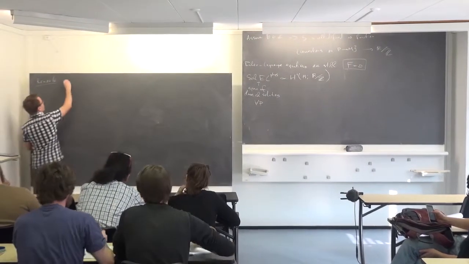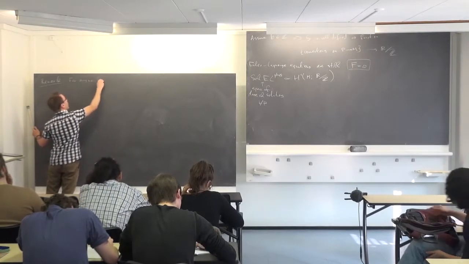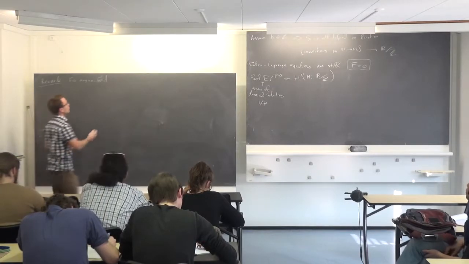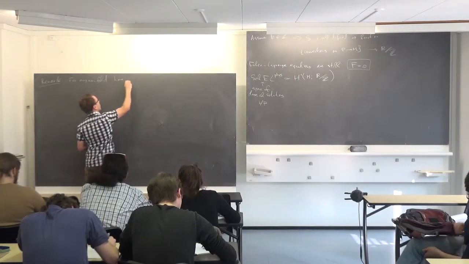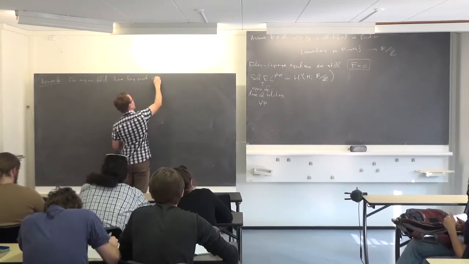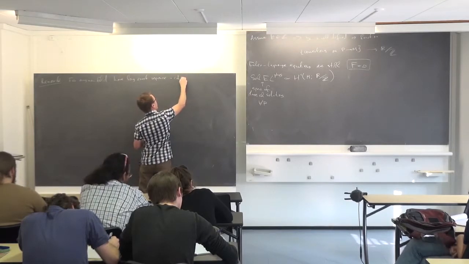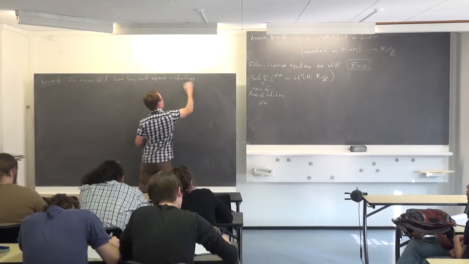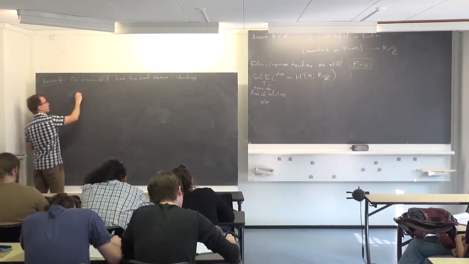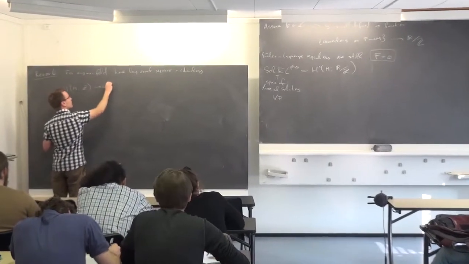Okay, so for any manifold, you have this long exact sequence in cohomology. Which goes like this. So it's going to be H1 of M with integral coefficients.